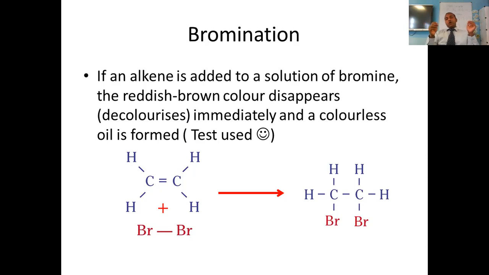When we put a few drops of bromine water into both of these solutions, alkene would very quickly change the color of the brown bromine to become colorless, whereas in alkane, it remains brown. So we know, oh, this is an alkane because the brown color does not disappear or change. So this is a test used to identify alkene and alkane. I hope you can remember, take note of this.